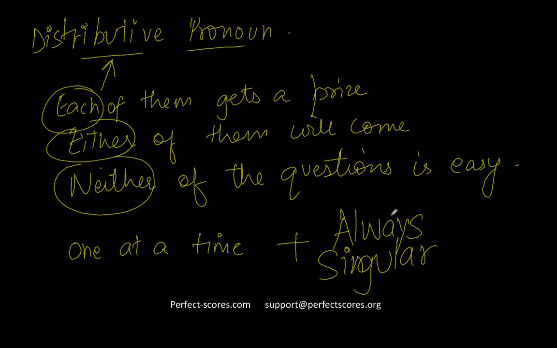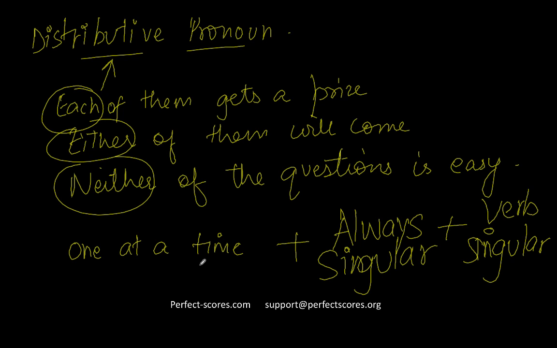They're always singular. That's why we're saying each of them gets a prize, not get a prize. Or neither of the questions is easy. We're not saying neither of the questions are easy. They're always singular. And they're always followed by the verb, which is again singular. So that's obvious. If the subject of the sentence is singular, the verb should also be singular.